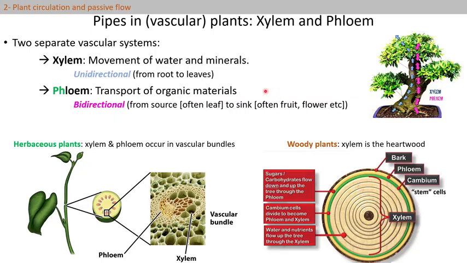So the flow always goes from source to sink, but if tissues that are source become sink, or tissues that are sink become source at different periods of the day, different seasons, then the flow will change. That's why we say the flow is bidirectional, because it all depends where the nutrients are uploaded in the phloem and where the nutrients are taken up from the phloem.